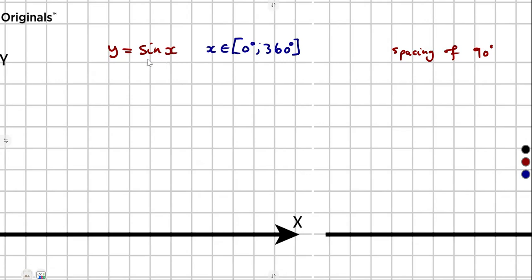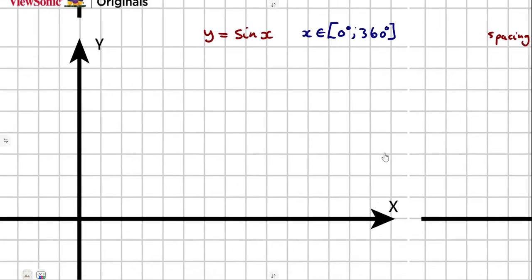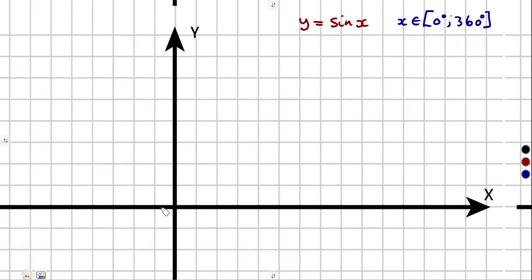We haven't added or subtracted anything. The spacing is 90 degrees, meaning we separate our angles. If we say this is 0 degrees, 90 degrees, and so on, we are going to space them 90, 90, and so on.